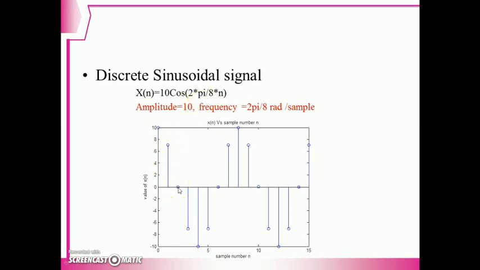Then for n equal to 2, this becomes cos 2 pi by 8 into 2, so cos pi by 2, which is 0. We will see it follows a cosine wave. The envelope of this waveform is a cosine wave, with the values sampled. We are taking only some values of the cosine wave.